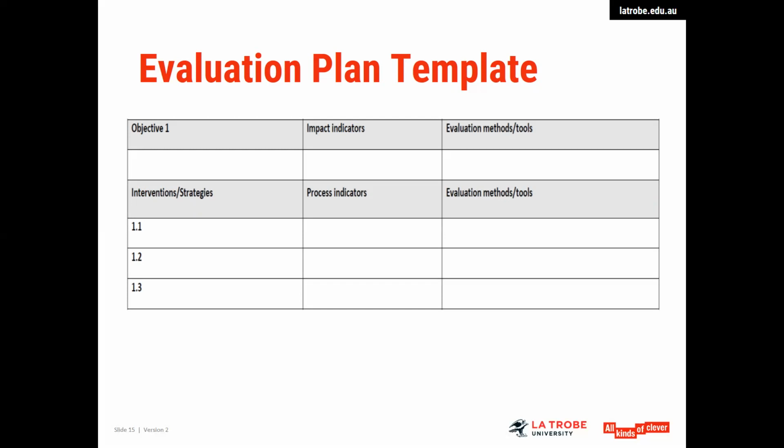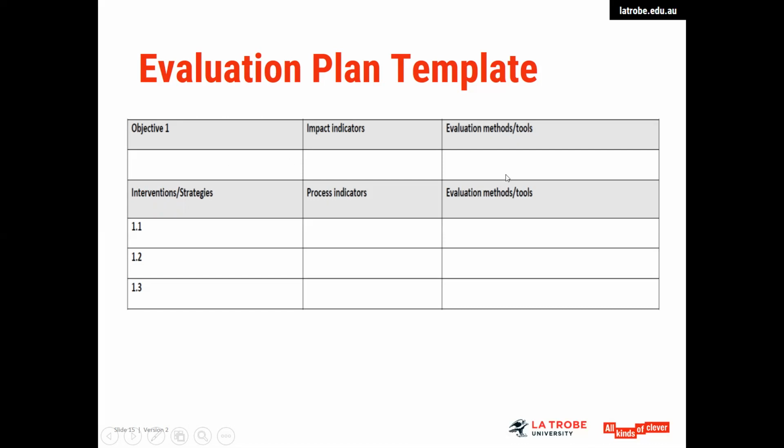For example, if you're thinking about your impact evaluation, remembering that impact evaluations measure our objectives, then in this template you state what your objective is, which comes back from your program plan. Then you need to identify your indicators, and I'm going to talk about those in a moment. These are the measures that you will use to know that you've been successful in achieving this objective.